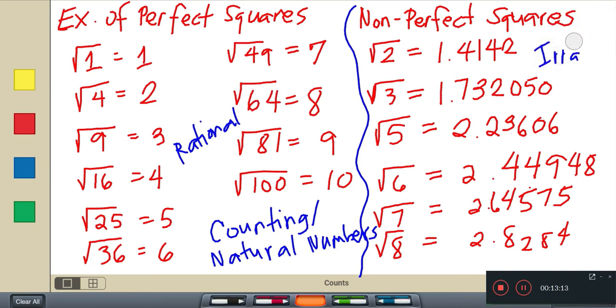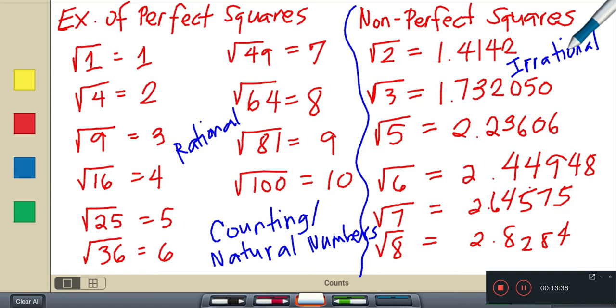I will rewrite this one because I want to write the whole word: irrational numbers. As you can see, an irrational number is a non-perfect square, and whenever you put it in a calculator, it will not give you a nice, well-patterned decimal. It has no pattern at all.